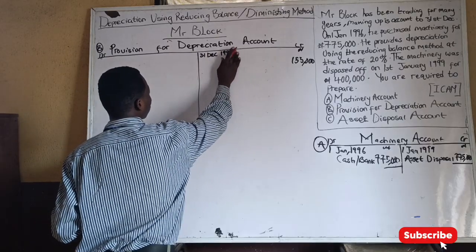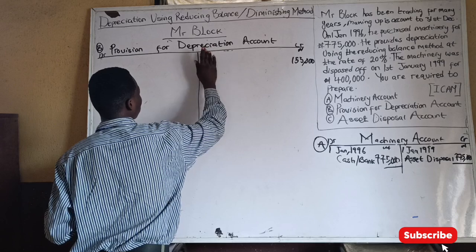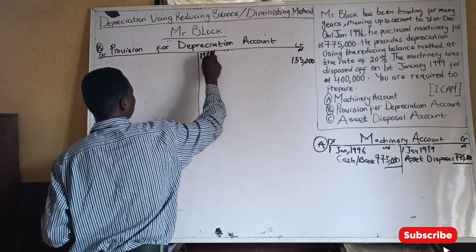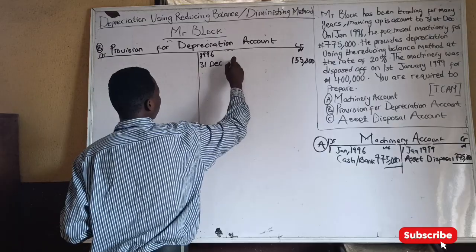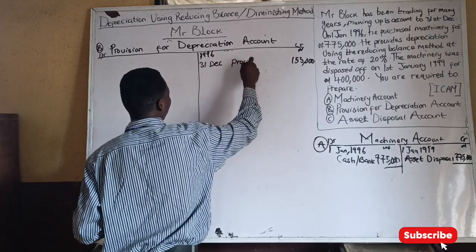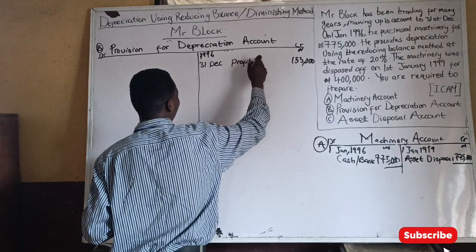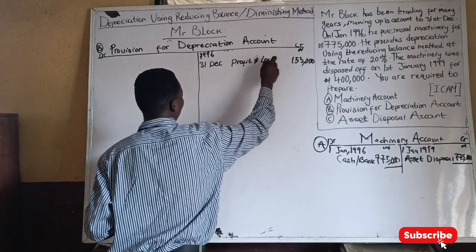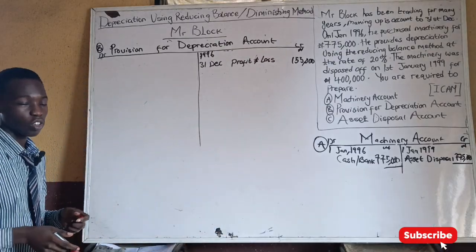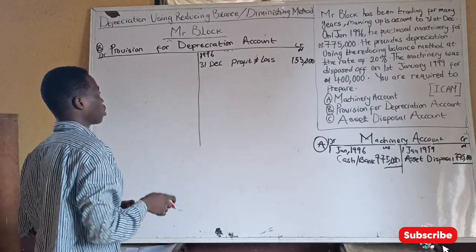So you can write it like this: year 1996, 31st December. The amount is going to our profit or loss account. So don't forget, just write profit and loss there.